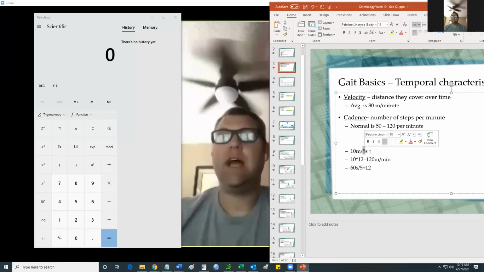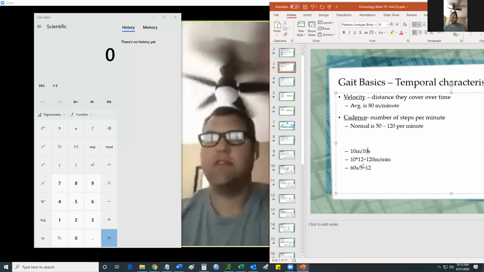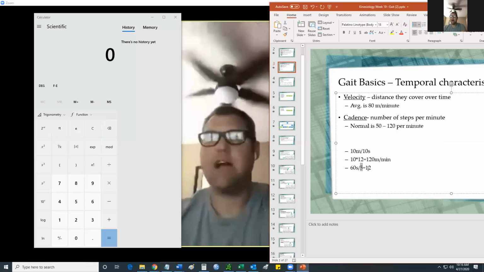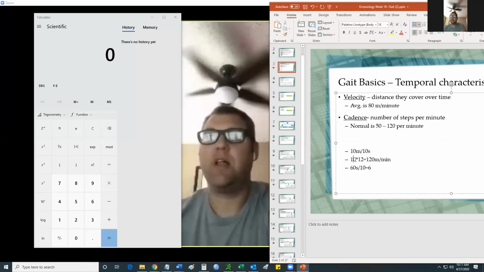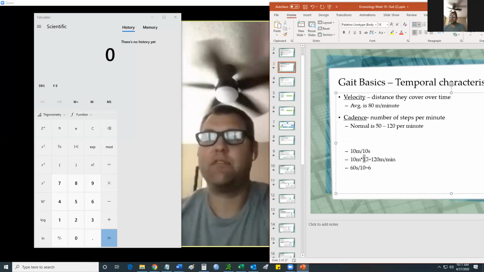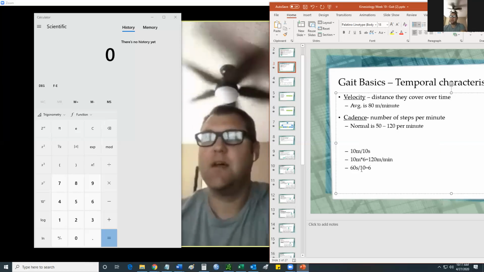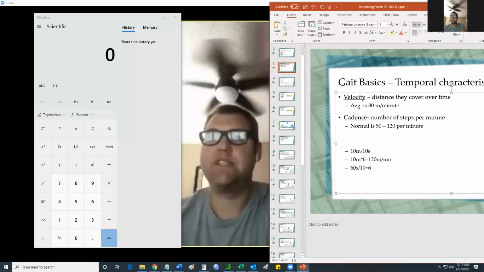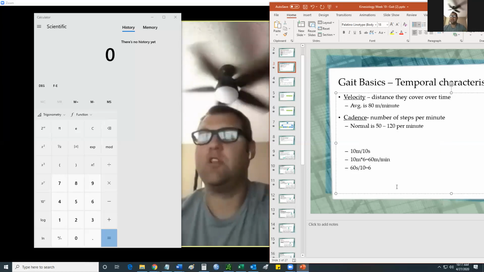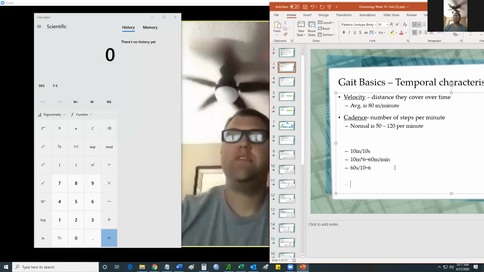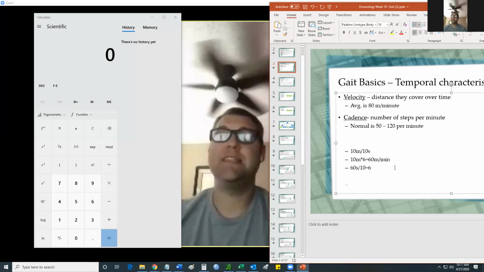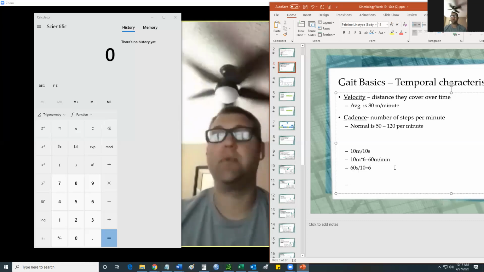If I did 10 meters in 10 seconds, now I would divide 60 seconds by 10, which would equal 6. I would multiply my 10 meters that I covered times 6, because I would be able to do 6 cycles of that in a minute. And that would give me a total velocity of 60 meters per minute. If you want to take that number and make it into meters per second, you divide that number by 60.